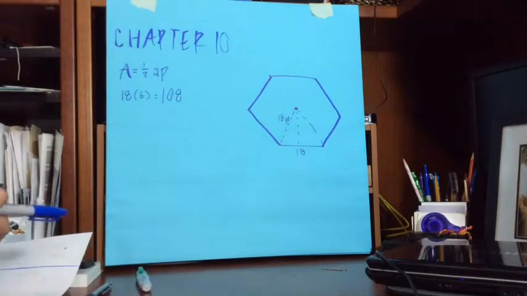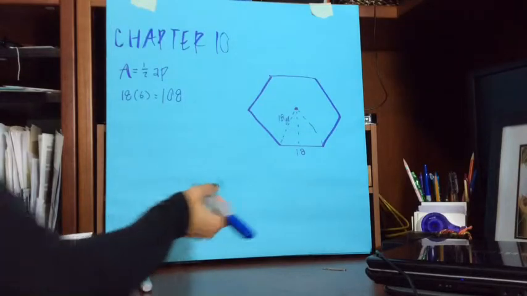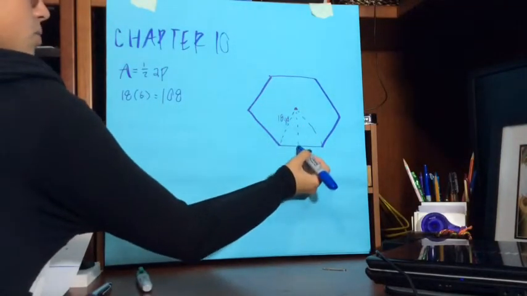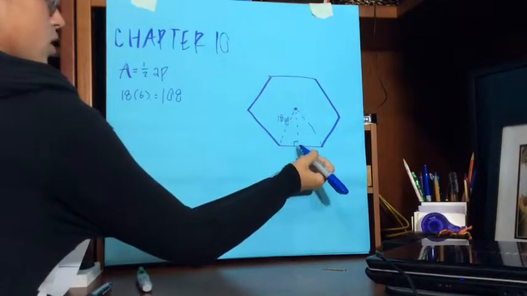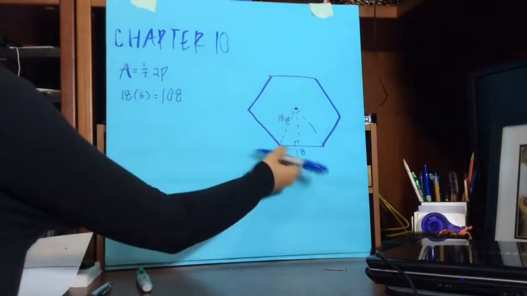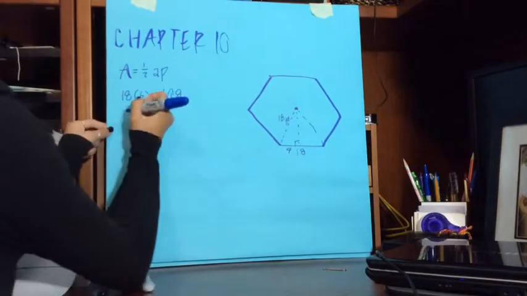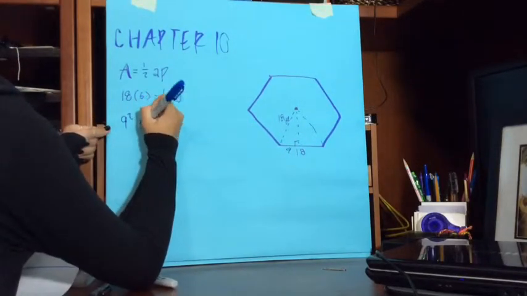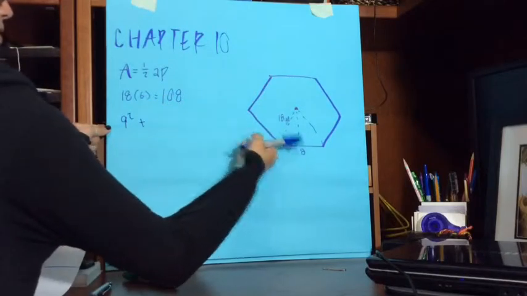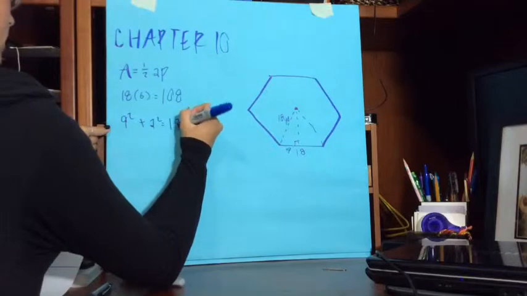The harder part is finding the apothem. You can do this by using the Pythagorean theorem. If you use this right triangle here, which you know is a right triangle, half of this side length would be 9. So you can do 9 squared plus the apothem squared is equal to 18 squared.